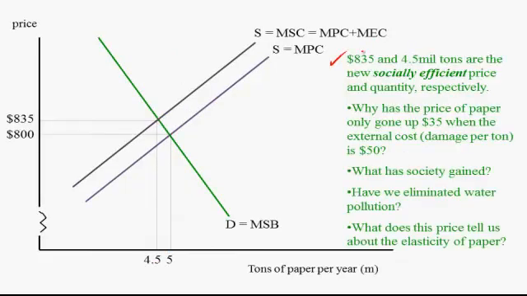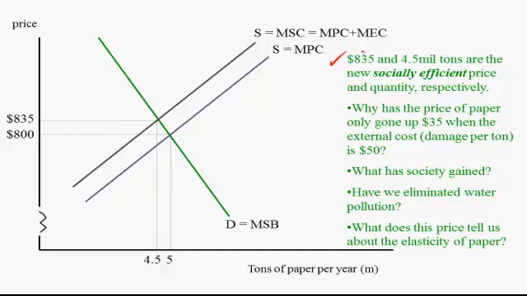So we can just make sure we understand what's going on in this graph and being able to intuitively describe what's going on, we can ask ourselves some questions. So why has the price of paper only gone up $35 when the external cost or damage per ton is $50? Well, we could look at this as, when would the price go up $50?